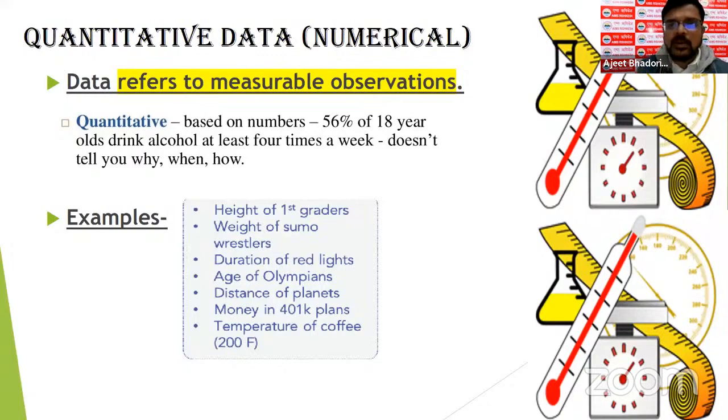What I'm telling you is that out of a group of 18-year-old adults, 56% take alcohol, and that also a minimum of 4 times a week. I have collected different information and presented it in one simple sentence. So this is quantitative presentation of numbers and percentages. Here I have presented it in numbers.